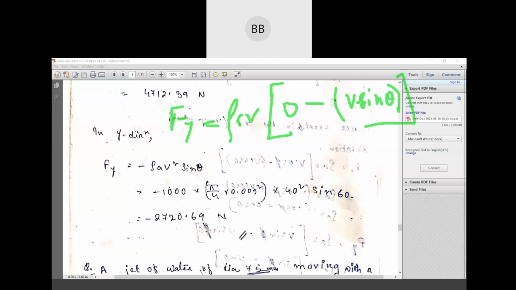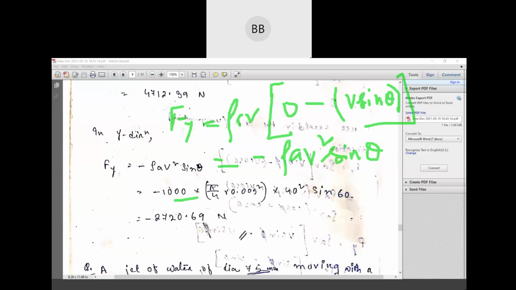Before the strike, we have only the x component. We don't have any y component, so that is why it is 0. So if you further break this, rho a v square, negative will be there, sin theta. So this rho you write 1000.